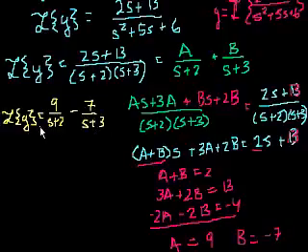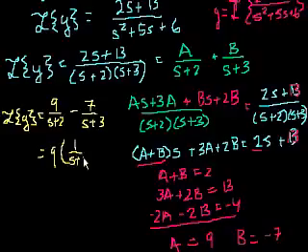Or another way of writing it, we could write it as 9 times 1 over s plus 2 minus 7 times 1 over s plus 3.